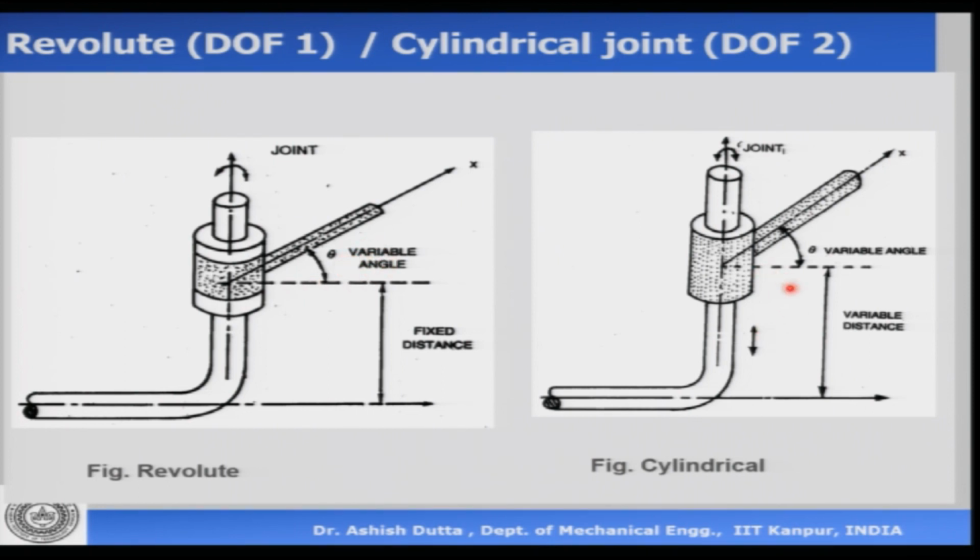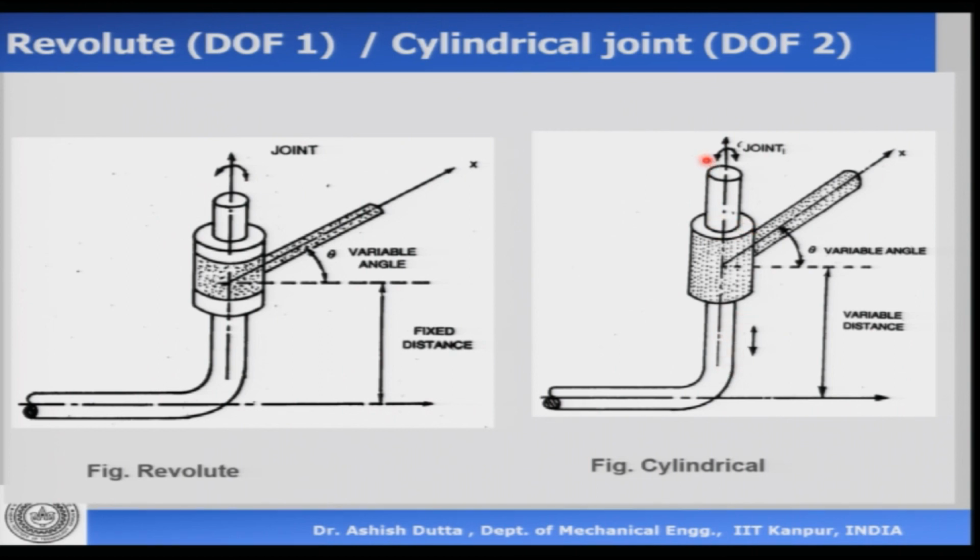Now the third kind of joint is called a cylindrical joint. The essential difference between this joint and the revolute one is that we have one cylinder which is mounted on another cylinder, and there is no stopper here. So this cylinder can slide up and down, and it can also rotate about this axis. This is the axis of the joint.